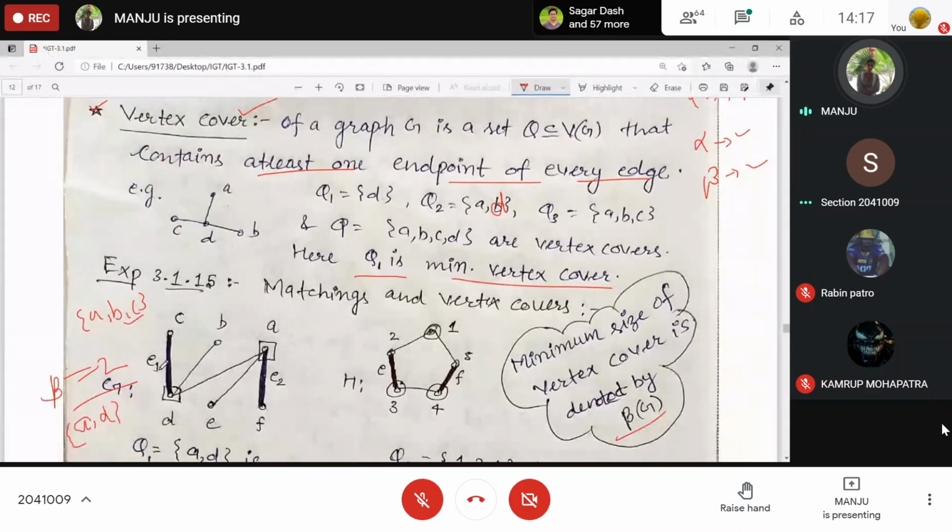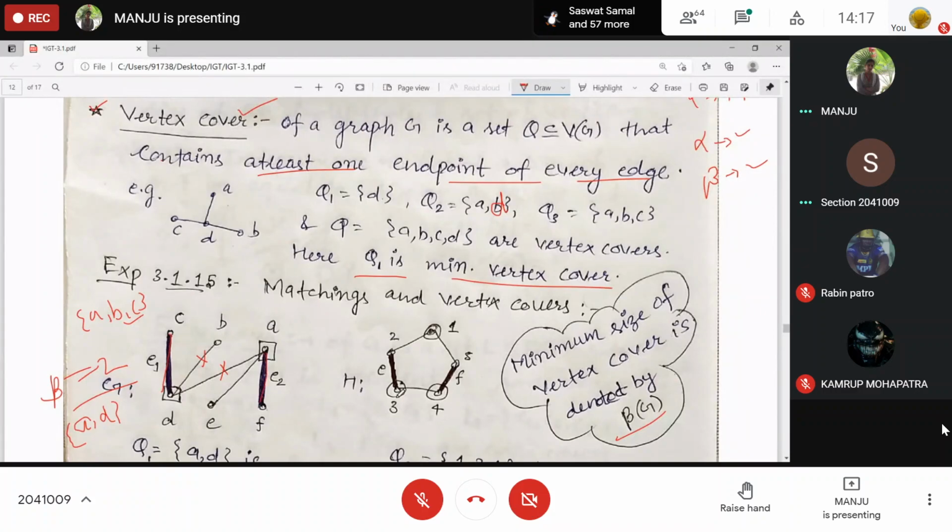If you take this one, you cannot take this, you cannot take this, right? And if you take this edge, then you cannot take this one. So two edges, either this or this, this or this, this or this, right? Two edges are forming maximum matching, right?